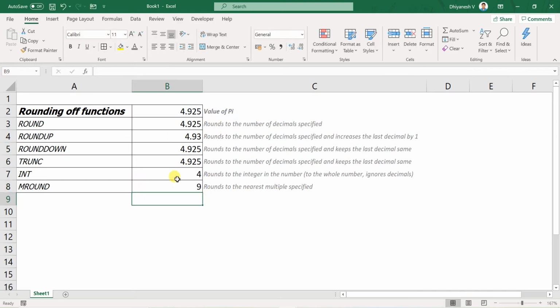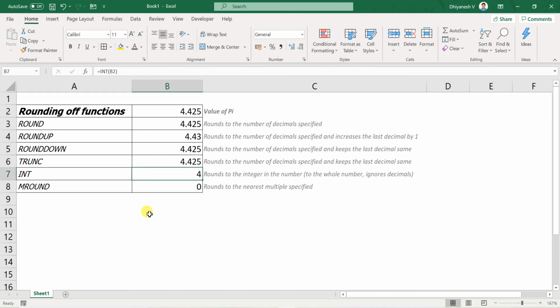If I give enter, 9 is the multiple, so 9 by 2 will be equal to 4.5. So if this number is greater than 4.5, I will get 9 as the result, and if this number is less than 4.5, say I just change this to 4, it will return 0 because the nearest number is less than the halfway, so it will return 0.